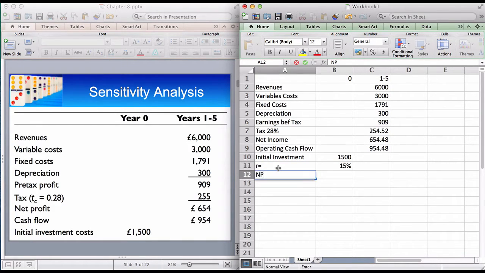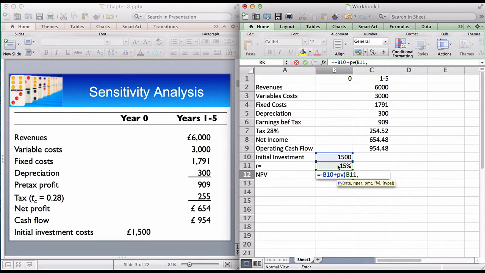So we can find the net present value. The net present value is equal to the initial investment plus, now this is an annuity for 5 years, so the present value of this annuity we can get using the PV formula. It's PV, you start off with the rate, which is 15%, the number of periods is 5, and then the payment.